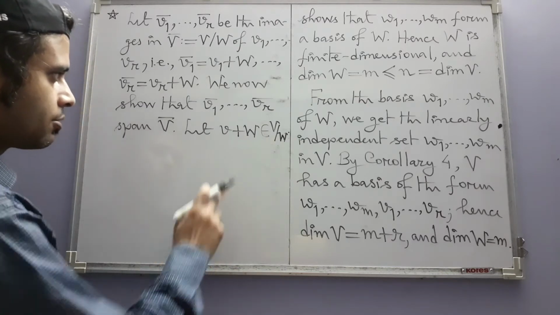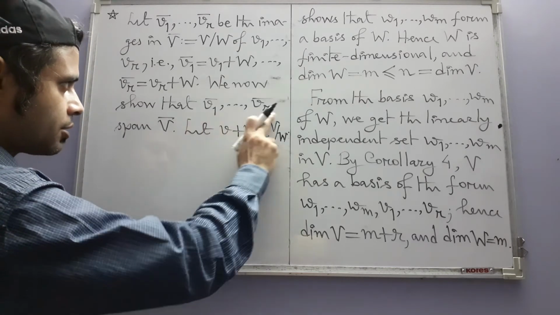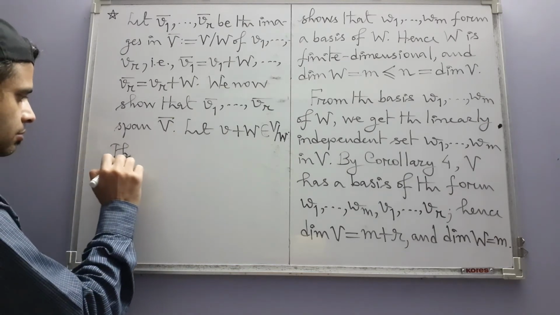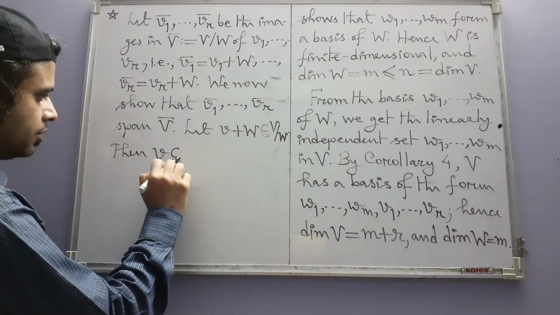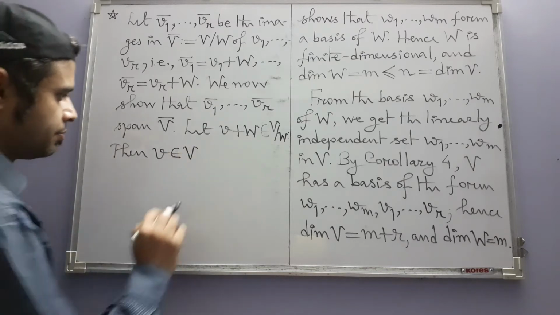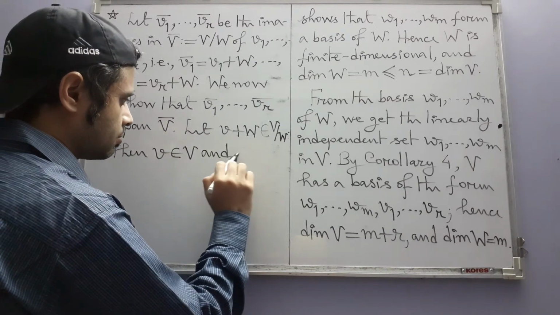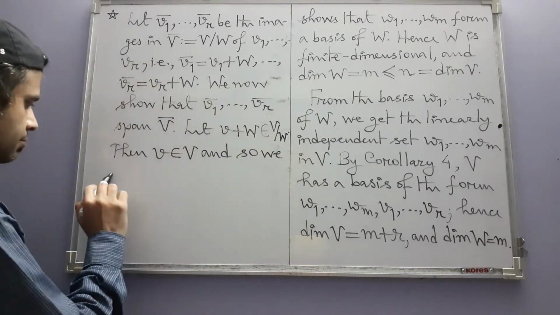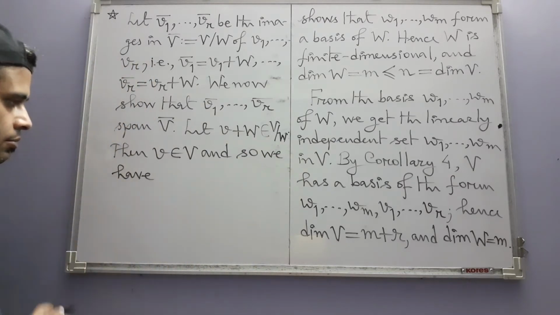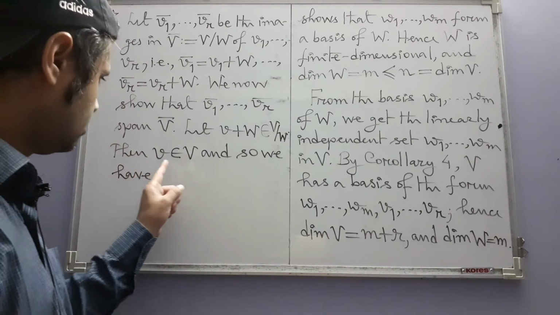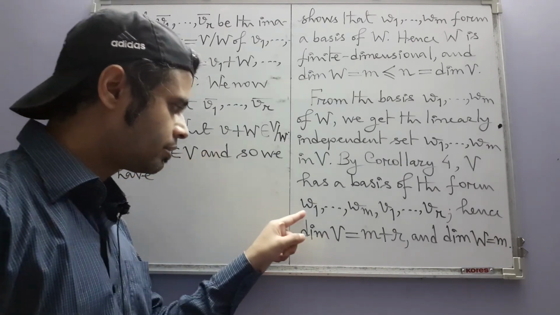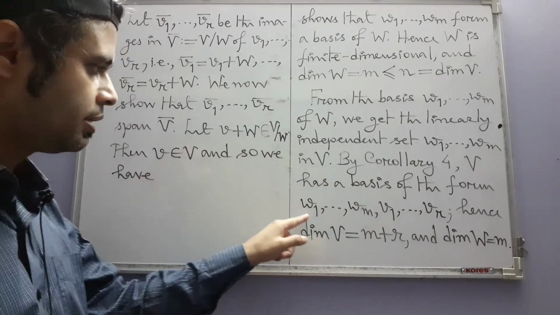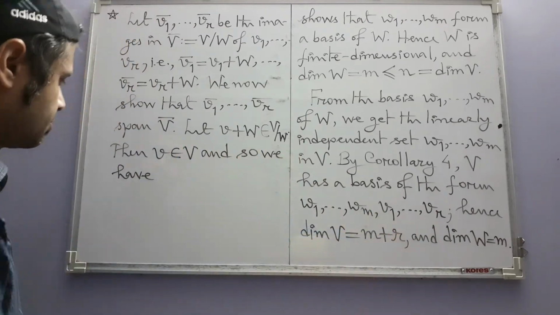Our aim now is to show that this is a linear combination of these V bars. Then v belongs to V, and so we have, now you see, capital V already has a basis which looks like this. So this small v is a linear combination of these basis elements.